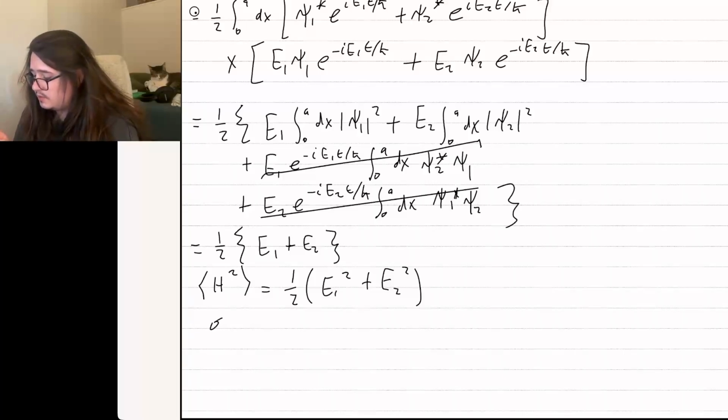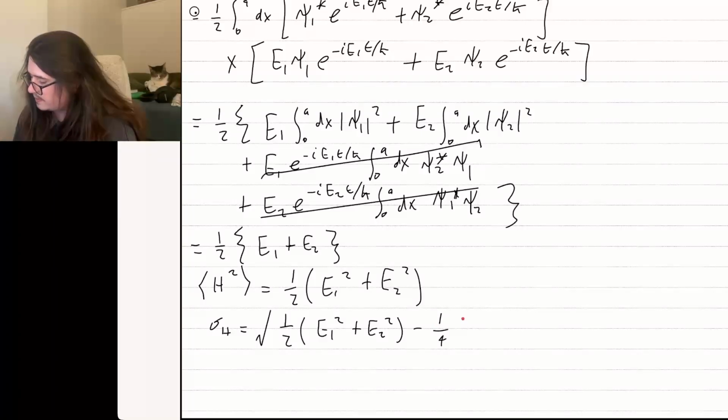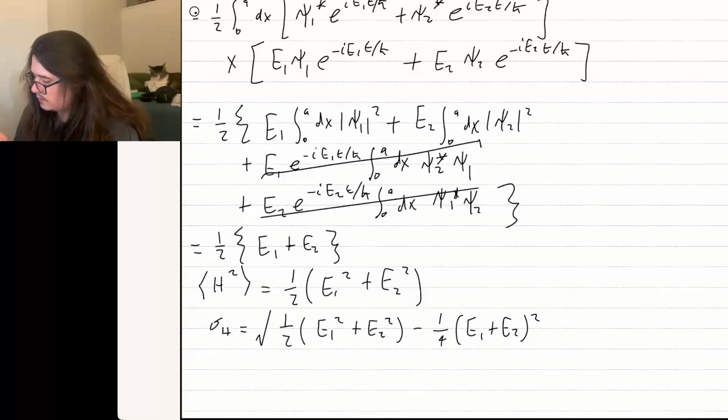So then sigma H is going to be the square root of 1/2 of E1 squared plus E2 squared, minus 1/4 of E1 plus E2 squared.